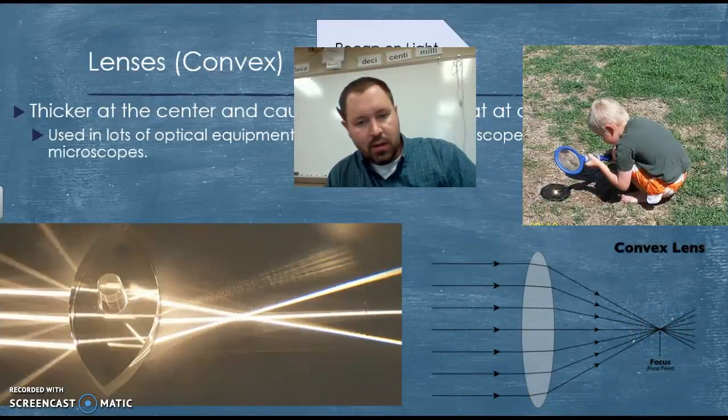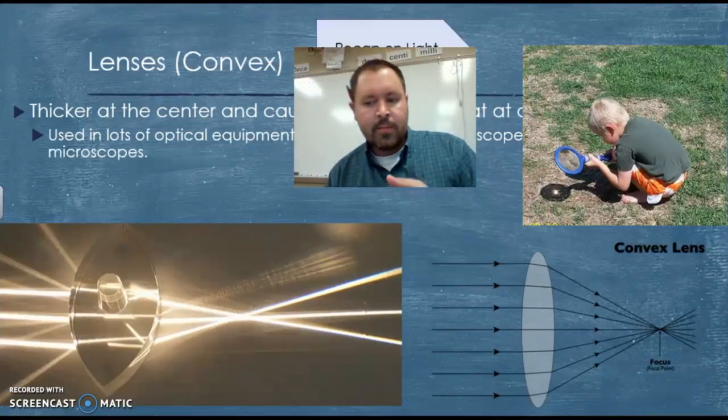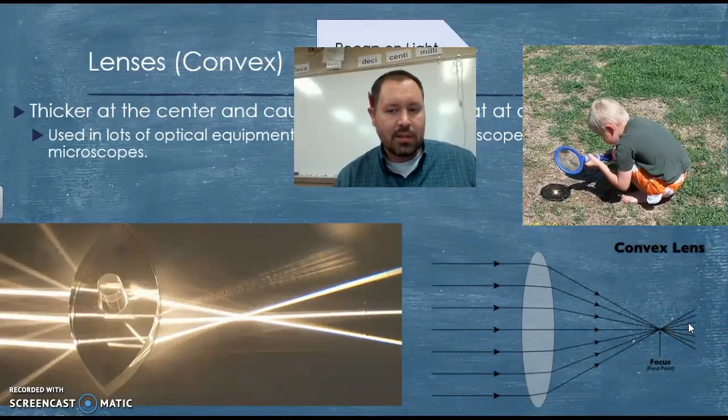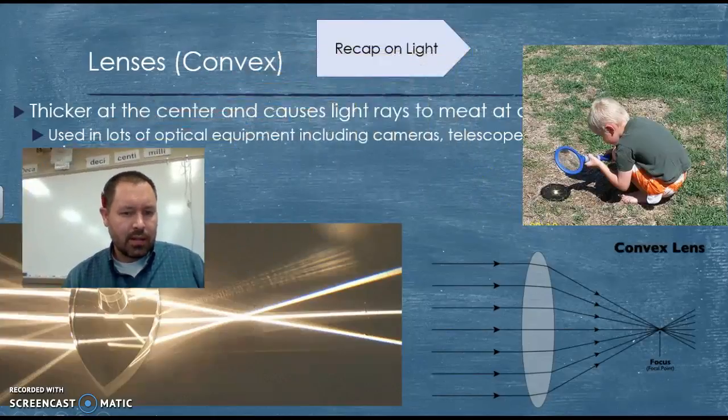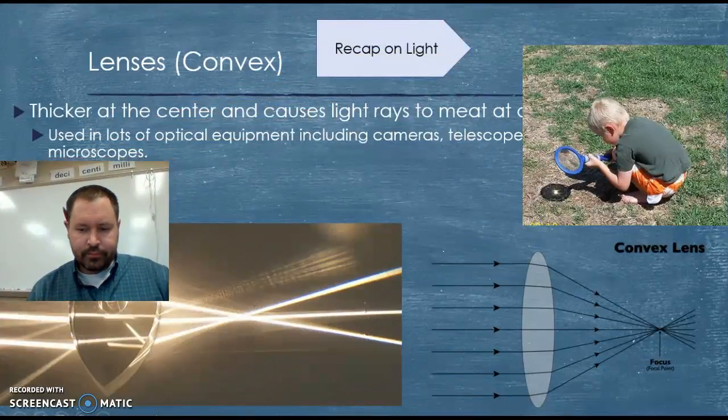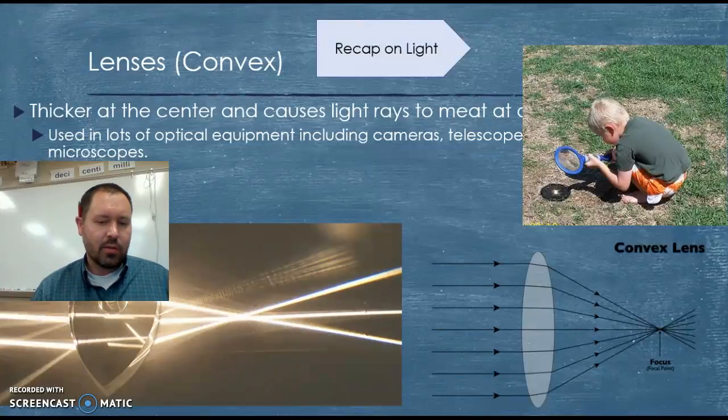And you might be thinking to yourself, Mr. Wagner, you said these were in our eyes. And if there's a focal point, that means everything that we see is upside down. That's correct. It's not that the world is upside down. We see it upside down, and our brain flips it right side up. There's a really cool documentary on light and eyes that I think National Geographic put out.